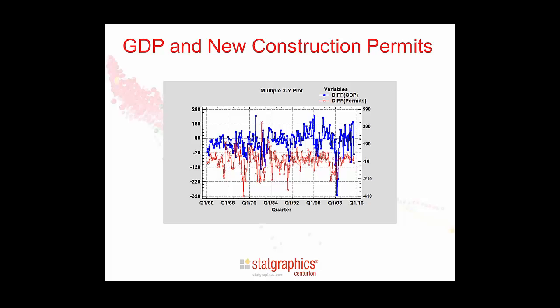You can see, I think you can see if you look at it closely, that these two variables do tend to move together. Not only do they tend to move together, but the number of construction permits issued tends to go up a quarter or two before the GDP. So when we get to the end of this webinar, our final model will actually include permits as a leading indicator for the GDP.